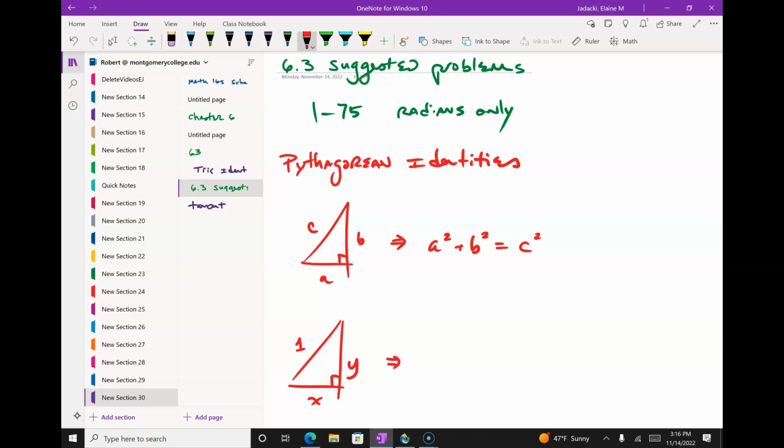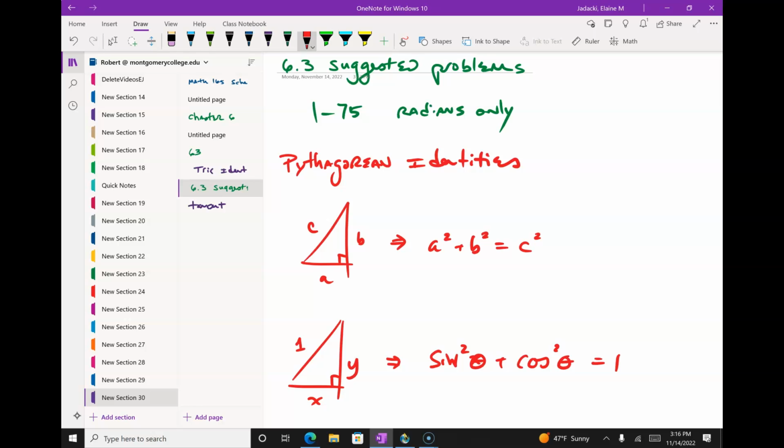Which trig is X? Cosine. So sine squared is Y squared, right? So sine squared theta plus cos squared theta is 1.